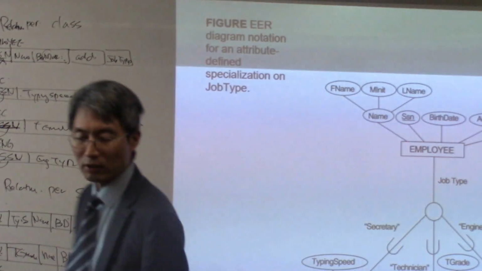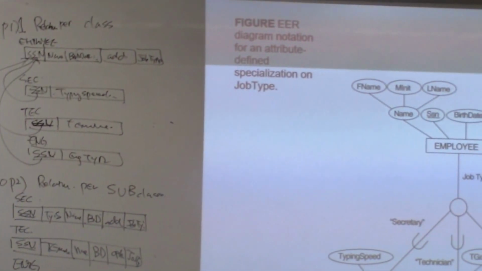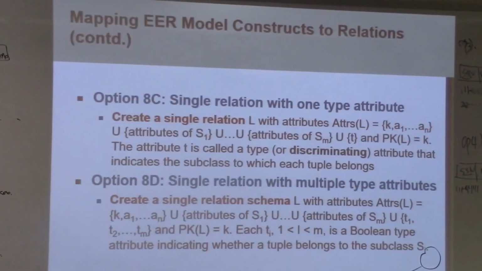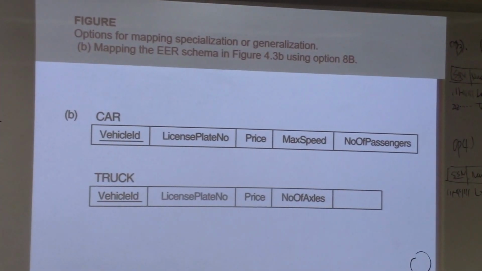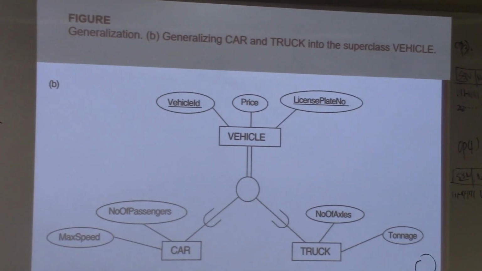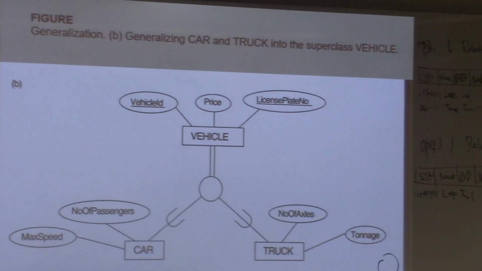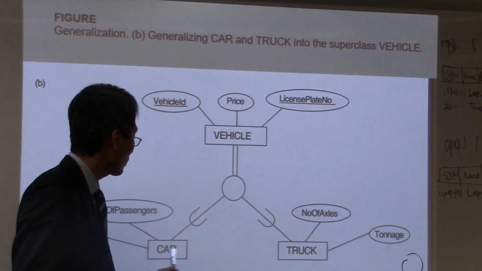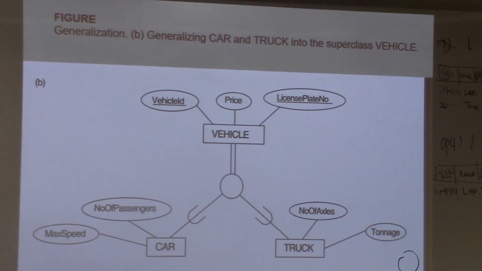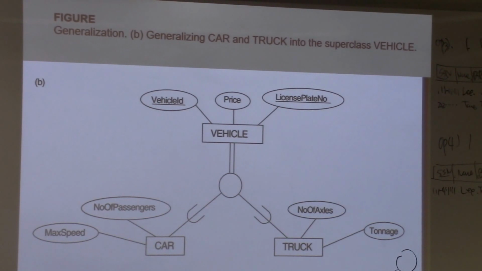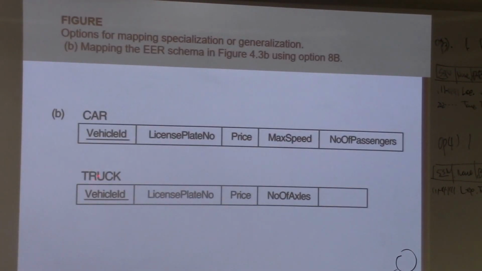So let's see the example more for this. Car and truck. In this case, we have the vehicle, one superclass and two subclasses. It doesn't matter whether disjoint or overlap in this case. If we are going to use the second option, it will be car and truck.